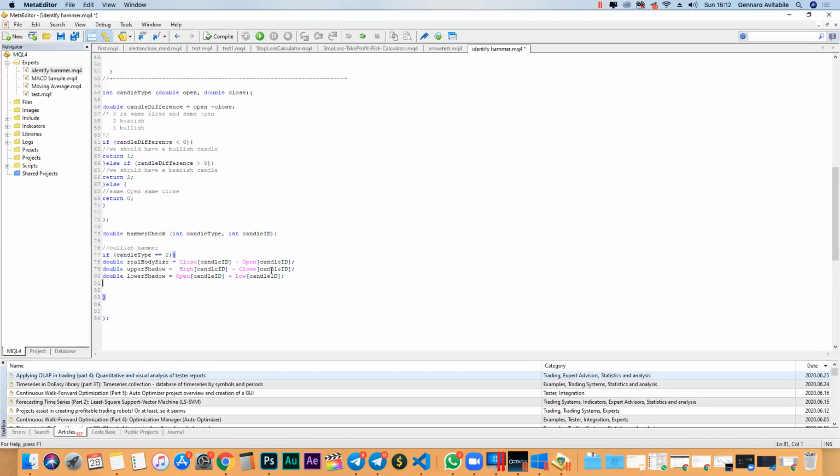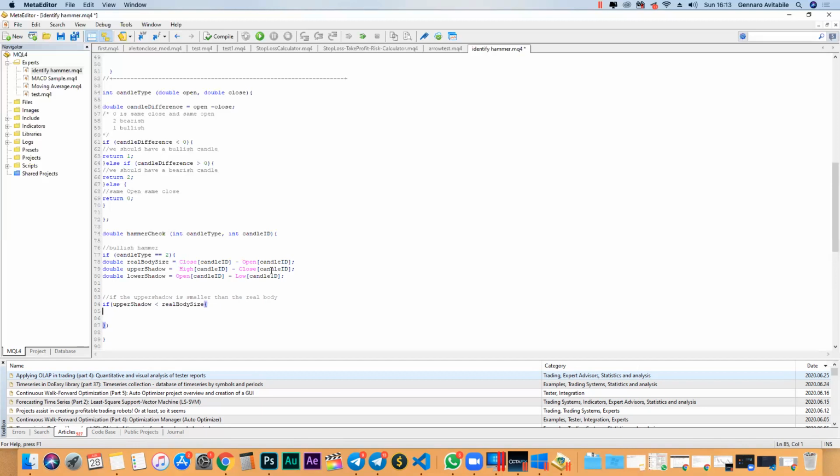Let's say that the first thing that we want to check is that if the upper shadow is smaller than the real body. So if the upper shadow is going to be smaller than the real body, then we are okay.